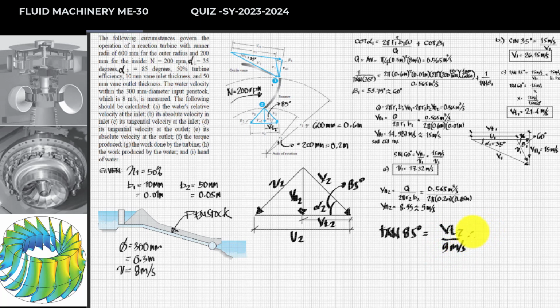So finally, we are able to determine that Bt2, or the tangential velocity at the outlet, is equal to 0.787 meter per second.